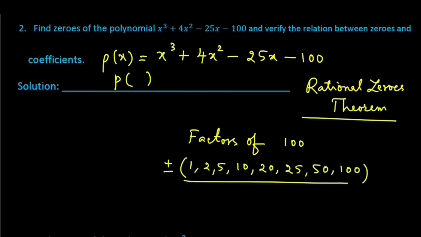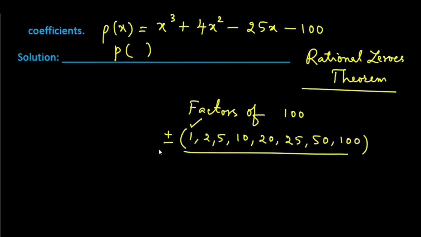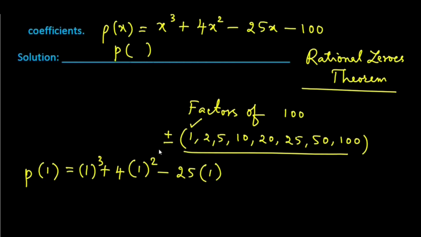So first we'll go with plus or minus 1. We can take p of 1 or p of minus 1. Now let us find out what is p of 1. P of 1 is equal to 1 cubed plus 4 into 1 square minus 25 into 1 minus 100.